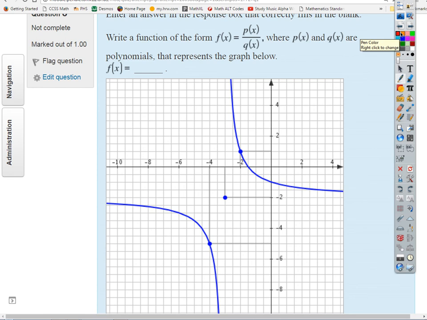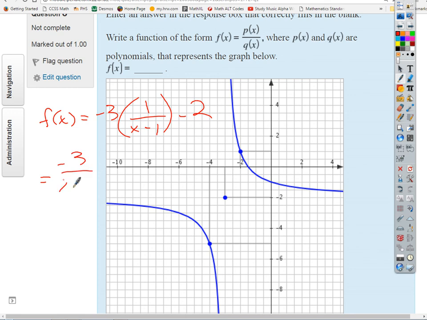Right. So we had f of x equals negative 3 times 1 over, what was it, x minus 1? Is that right? And then minus 2. So how would I do that? How would I do the algebra? Okay, I could distribute the 3. So I get negative 3 over x minus 1 minus 2.